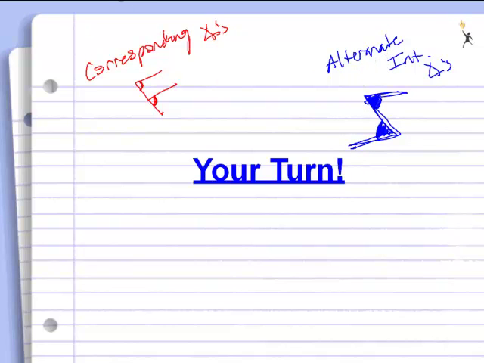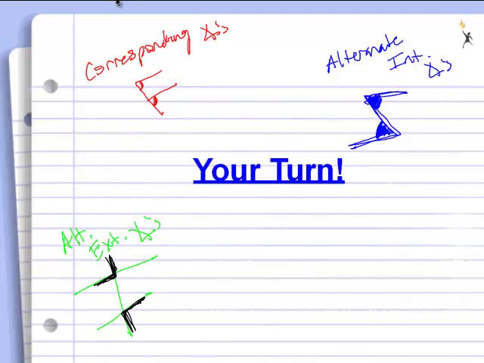The next one you were shown were alternate exterior angles. And those look like this. Remember that alternate exterior angles are the only ones that don't look like a letter, so we just draw a quick picture. They are on opposite sides of the transversal, and they are on the exterior of our 2 lines.